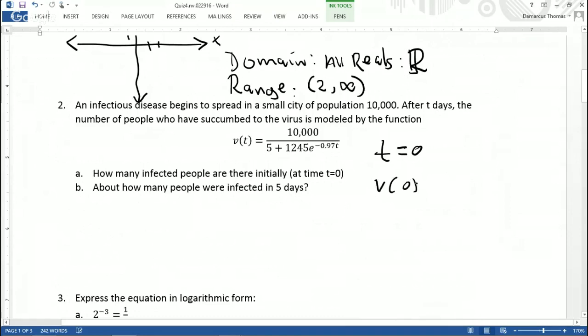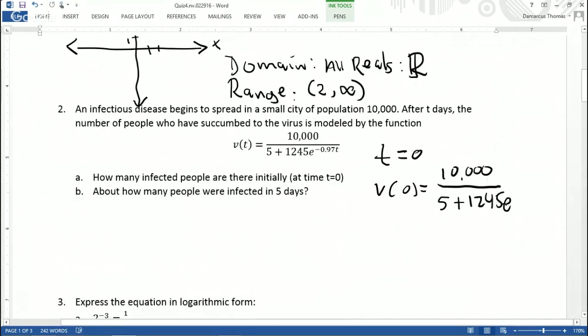So V of 0 is nothing more than 10,000 over 5 plus e to the 0 power. That's 0 times negative 0.97, which is 0, which gives us e to the 0 power, which is just 1.